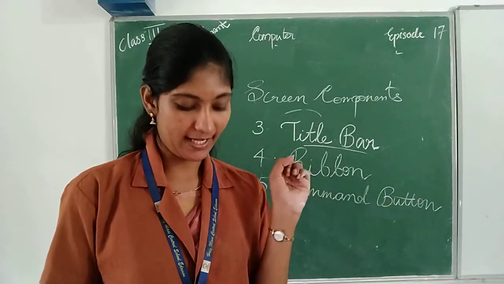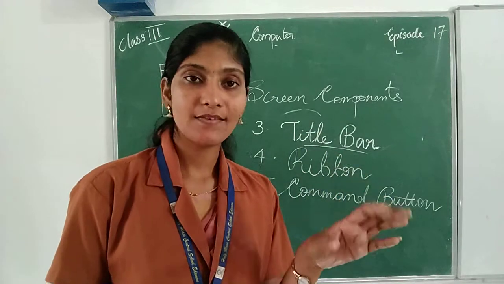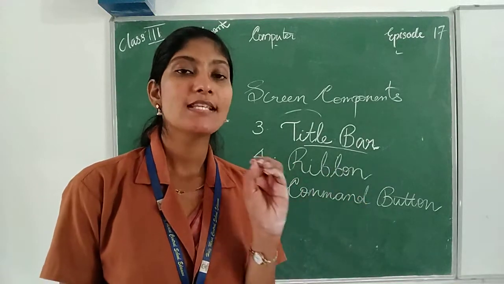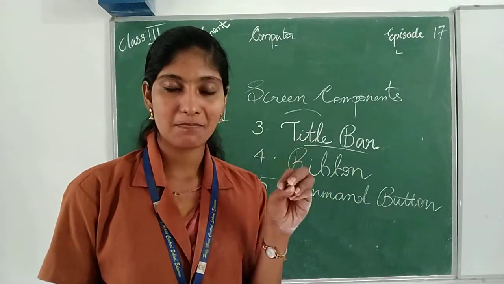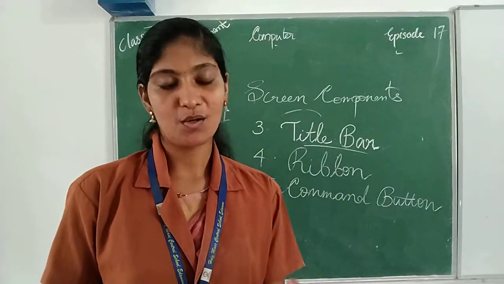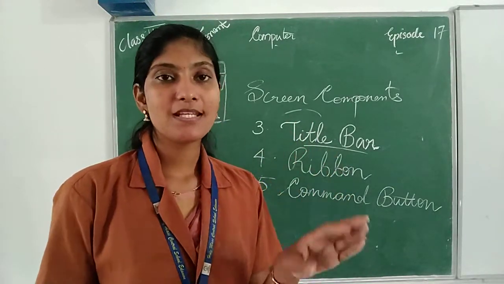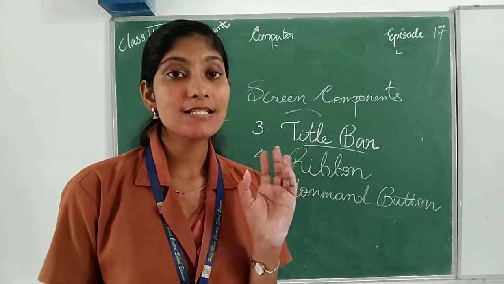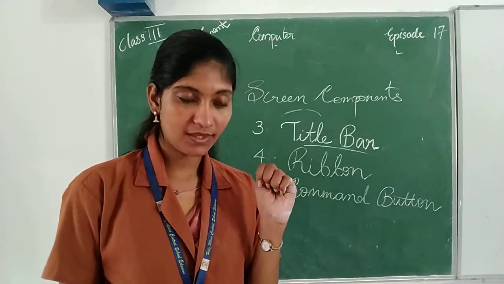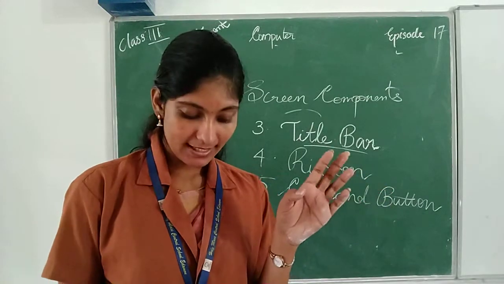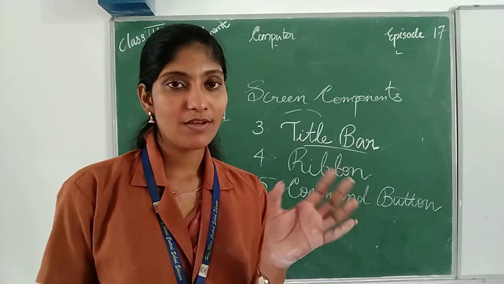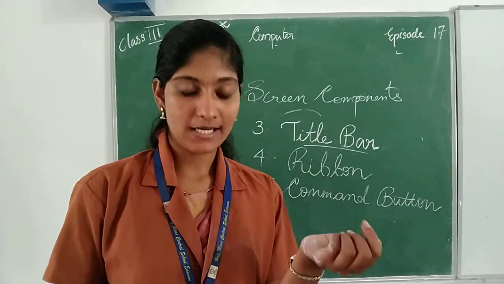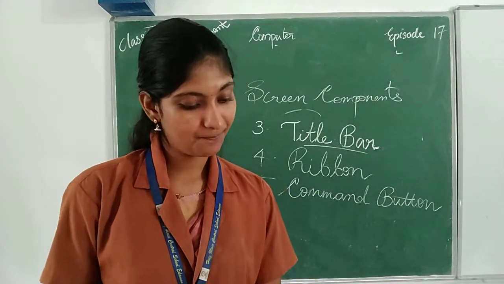Each tab stores relevant command buttons. Then the third is the title bar, which displays the name of the document. Then the ribbon is a central place that gives you all the options to work from a single area. Then the fifth one, command button. When you click on a command button, it will open, save, print, etc. to work on the document.